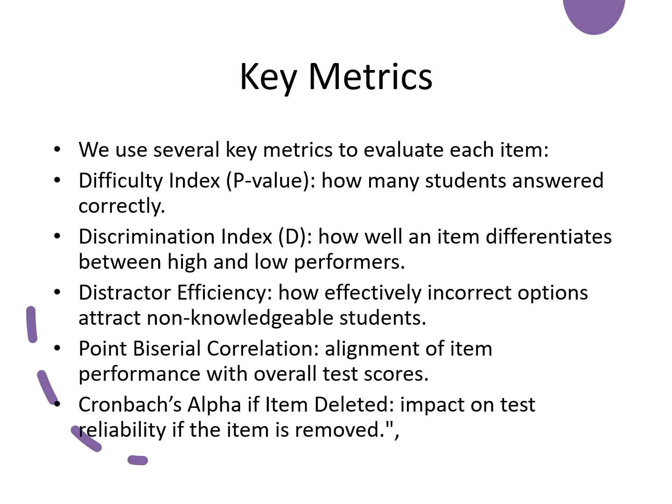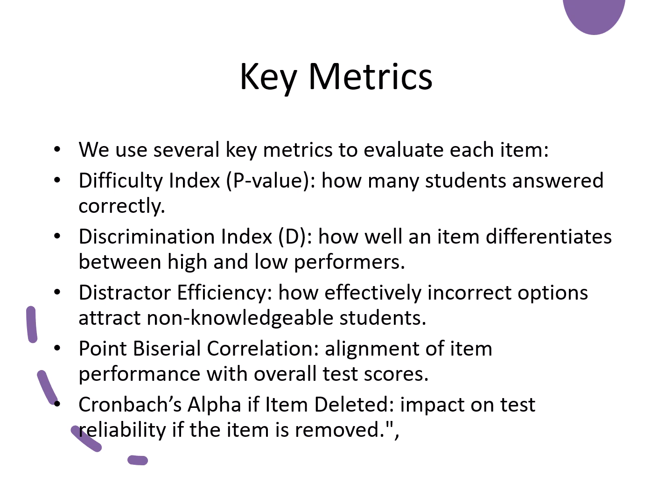So what are the key metrics that are involved in item analysis? The post-hoc item analysis usually covers each item, and these are the key metrics that are identified in an item analysis report. First of all is the difficulty index, which is also known as the p-value. It tells us how many students have correctly answered a certain question.